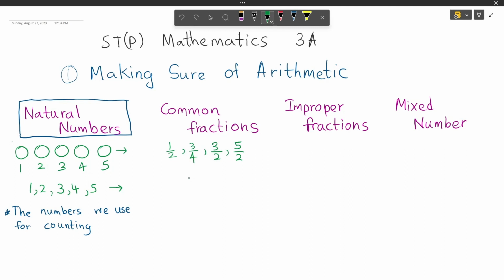Let's take 5 over 2 for example. The top part and bottom part also have names. The top part is called numerator. This part is called denominator.